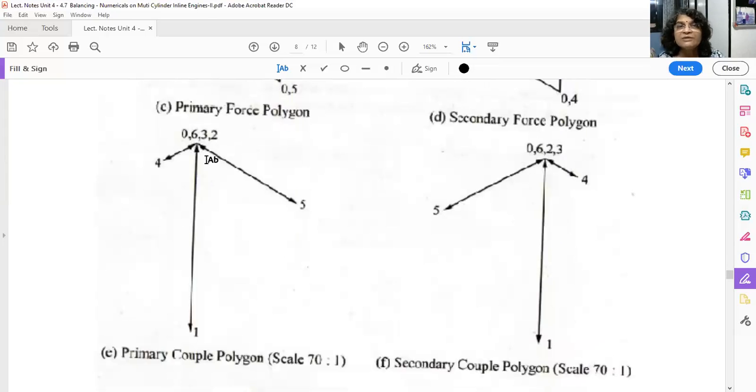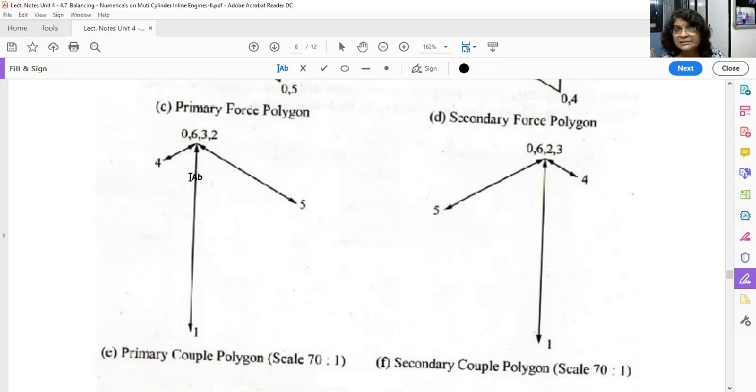When we start from this point O, O to 1, 1 to 2, 2 to 4, 4 to 3, 3 to 5, 5 to 6, every time you come back here. So this is known as a closed polygon, though it is not exactly a polygon.